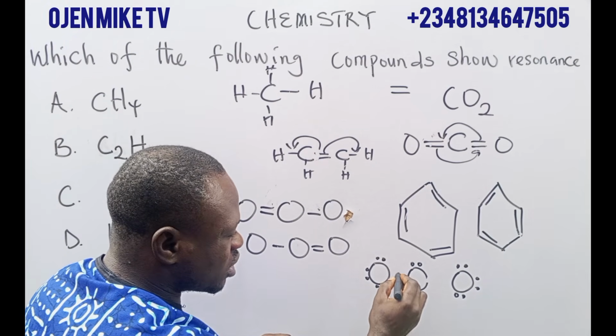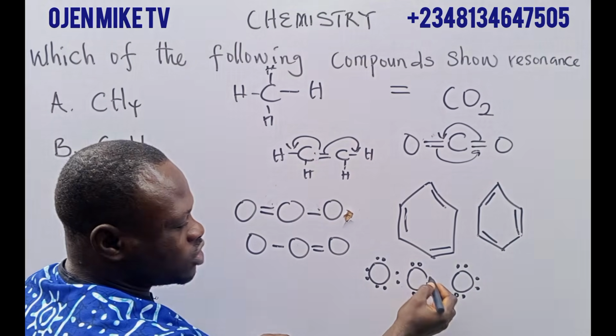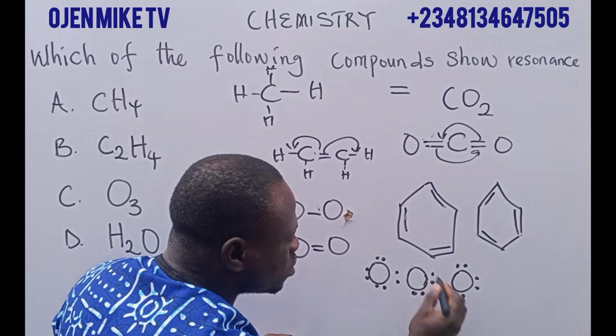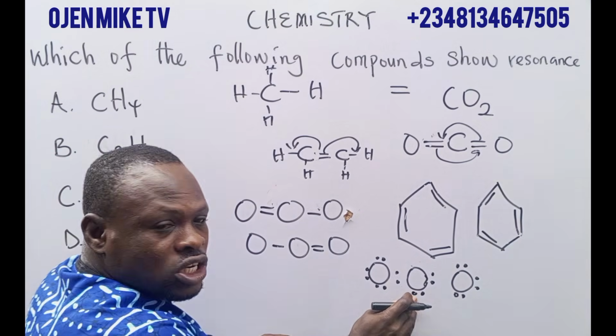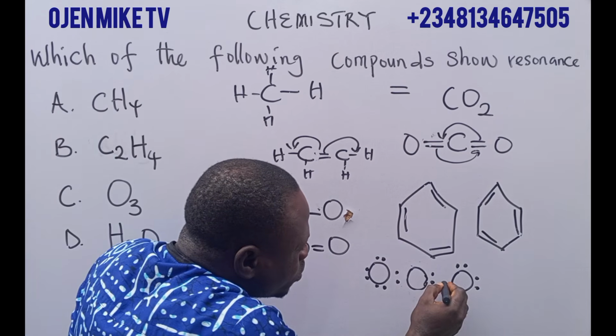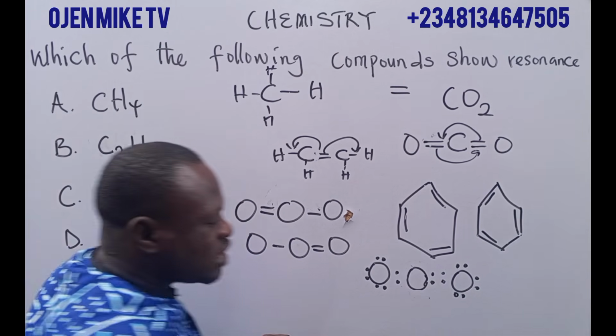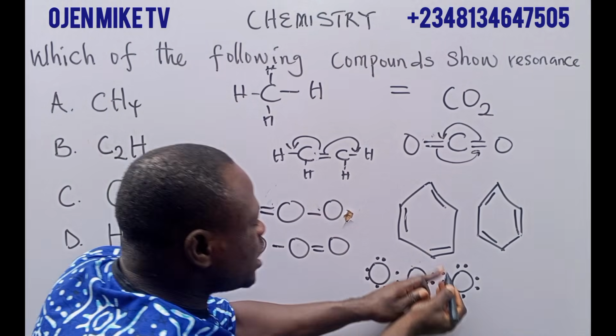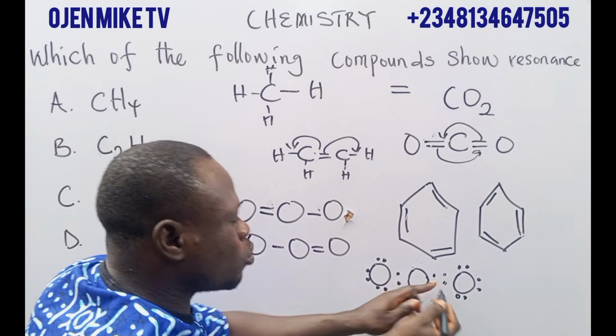So this one carries this one and pairs with this one. Now in between, you carry this one and pair with this one. You get that? If you pair with this one, one is left. So you put this one here. That is where you see this double bond. You can as well change this one to this side and take this one to this side.